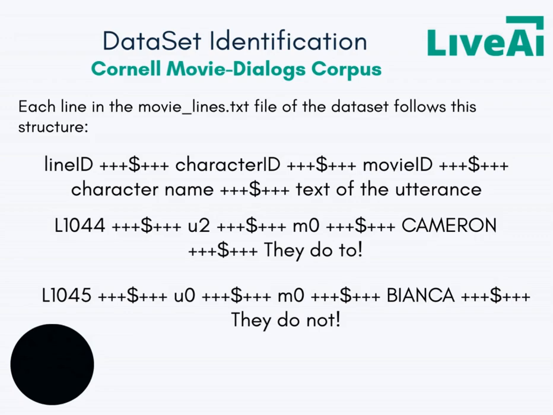Then you have a movie ID, the character name is Cameron, and the text of the utterance. And then this is the next line. You see the line ID number L1044, and the next one is L1045, and then it has a character with U0, then the movie ID M0, Bianca, and the utterance. So that's the utterance, or the text, or the conversation between Cameron and Bianca.